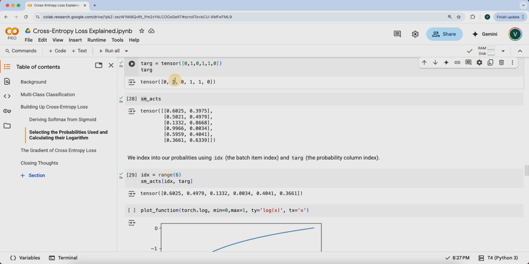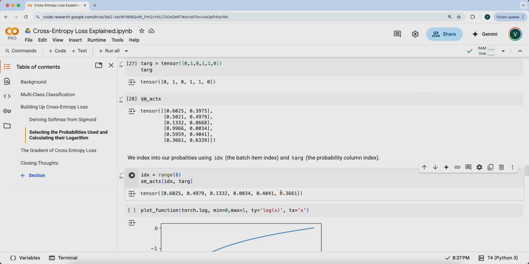The second row has a target of 1, so it's 0.4979. The third row is column 0, 0.1332. Row 4 is column 1. Row 5 is column 1. Row 6 is column 0. And so we can see that.